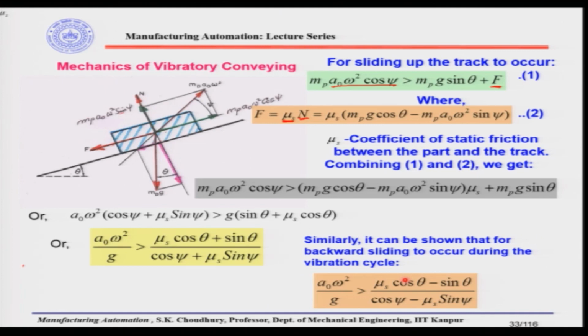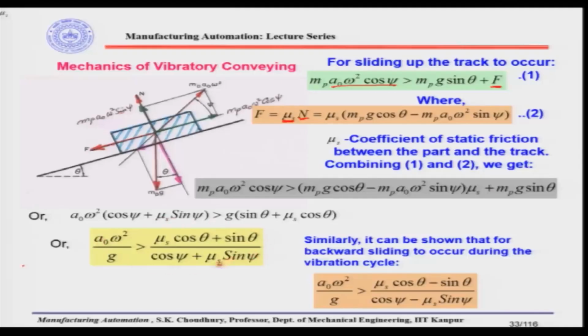Because if you have this equation satisfied, you can make sure that the part will go up, since the amplitude or the frequency of the vibration may not be enough for the part to go up. So, you have to always see that these conditions are satisfied, particularly this condition, because we want the part to go up; and in case this is not satisfied, that means the part will not go up, it will go down.